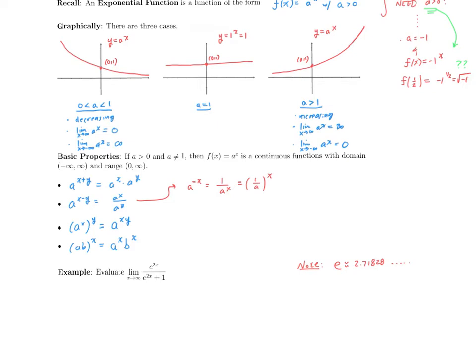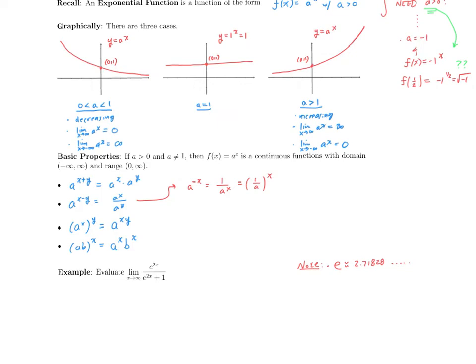Now, one more detail before diving into this limit, we might want to think graphically: which of the cases above does this function e to the 2x fit into? Well, in order to determine that, we need to write it in this form, a number raised to the power x. And if we look at our third bullet above, a to the xy can be written as a to the x to the y.